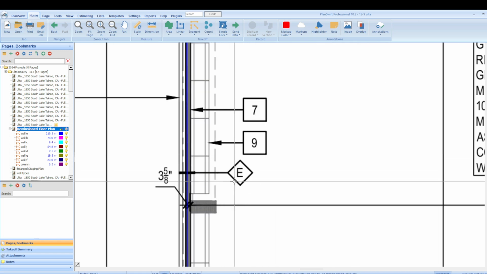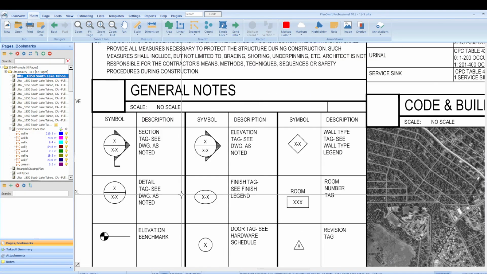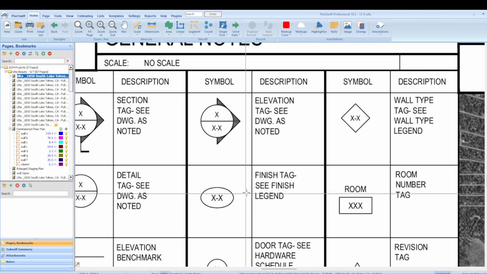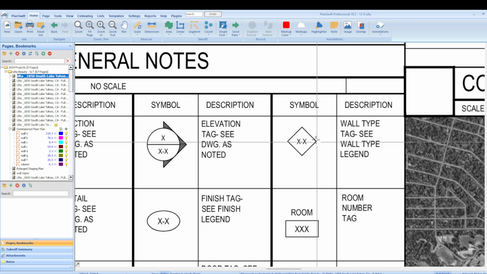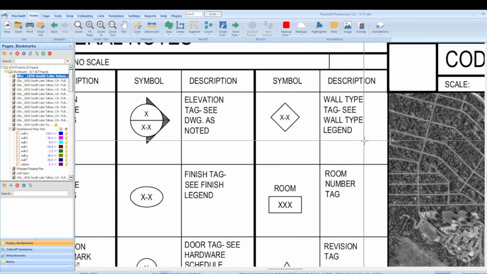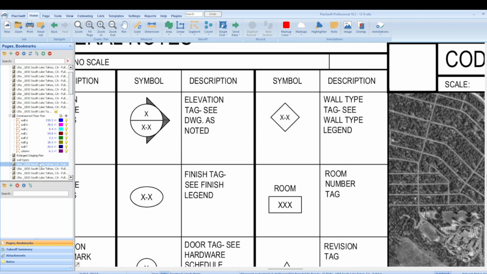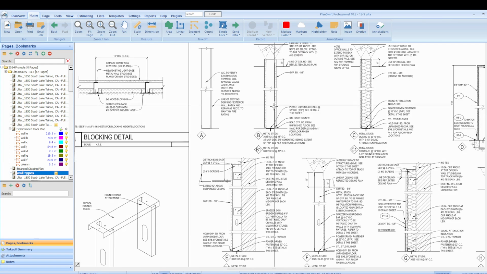It's important to look at your symbols list in the very beginning of your plans. Your symbols are going to tell you how the plans represent different things. So we know that this symbol is representing a wall type, and then see wall type legend. Then we'll have a wall type legend where we'll look at each one of those.